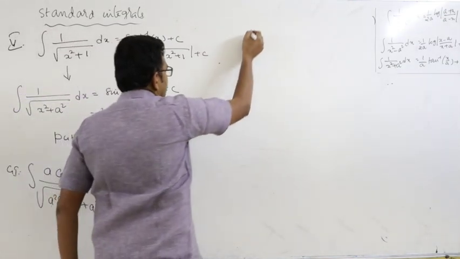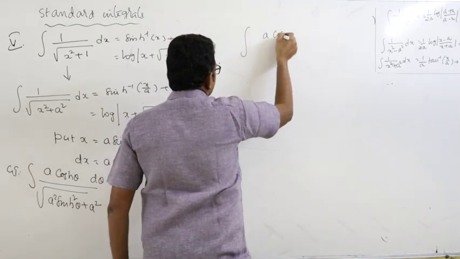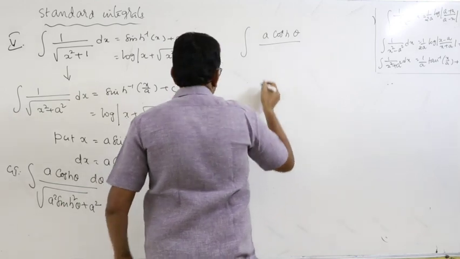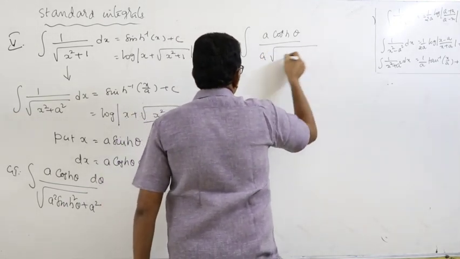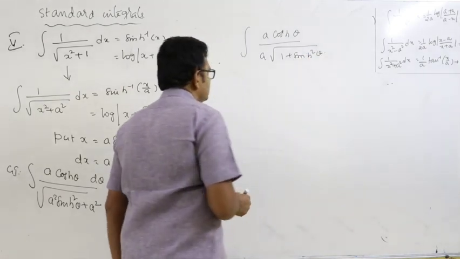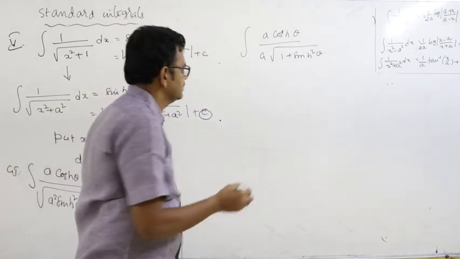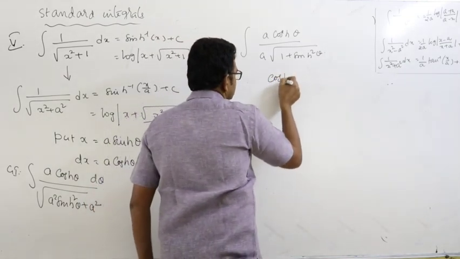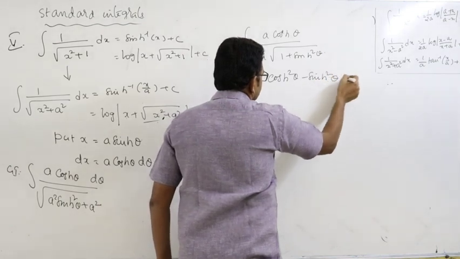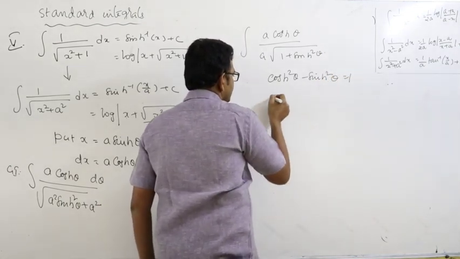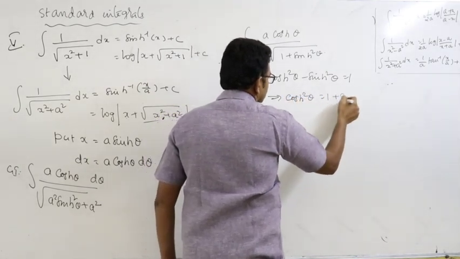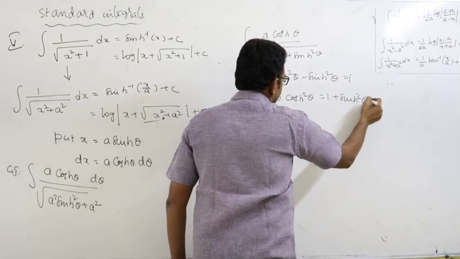So, that is integral a cos h theta by a, with a square taken common, root of 1 plus sin h square theta. In hyperbolic functions, we have the formula cos h square theta minus sin h square theta is equal to 1, implies cos h square theta equal to 1 plus sin h square theta.